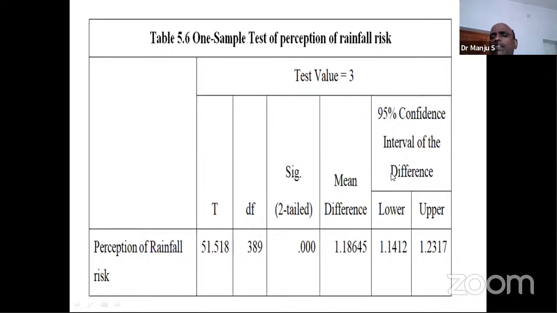The significance level is 0.05, and the computed p-value is 0.0. So what should we do? We should reject the null hypothesis and accept the alternative hypothesis.